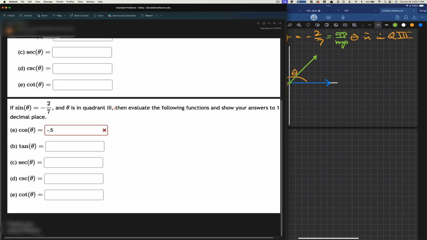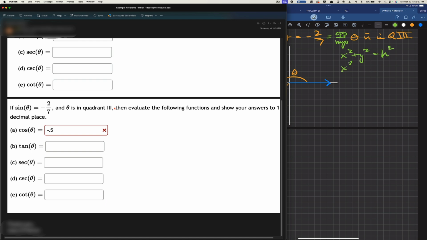So we're talking like vectors and polar coordinates, but that's not even applicable here. It also makes sense that the negative sign is attributed to the 2 because I'm in the negative y direction. And so I can now use the Pythagorean theorem, like I did in the previous problem, to find out what x is. So x squared plus y squared is equal to the length of the hypotenuse squared.